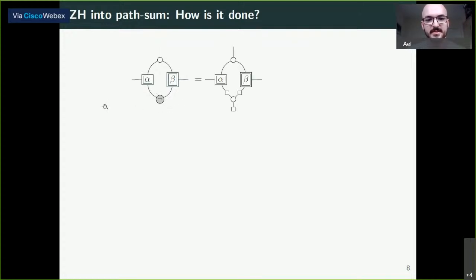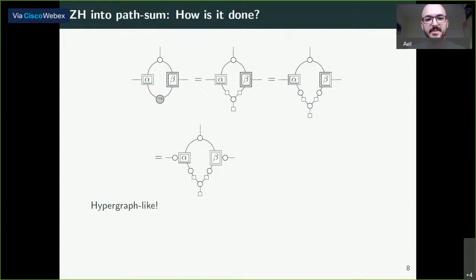So we are going to use its definition. Then we are going to put white dots between every H boxes that have a wire between them. And we're also going to put white dots on every input and output wires. And then we have what we call a hypergraph-like diagram.